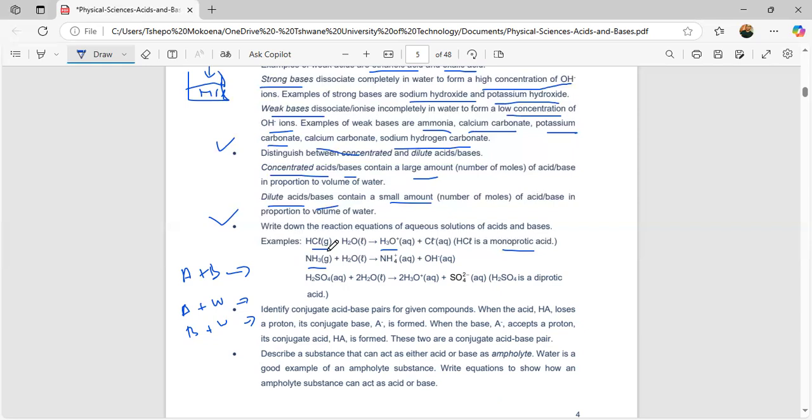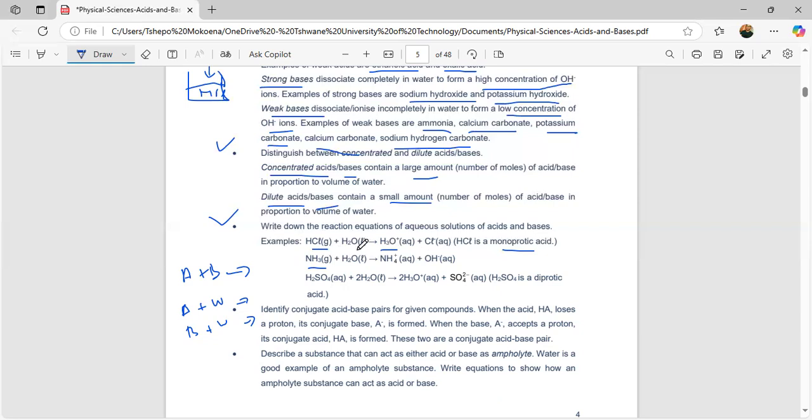Recall that according to Lowry-Brønsted theory, an acid is a proton donor. So in this case, our HCl is an acid. It will donate its proton. And in this case, water will be behaving as a base. When acid and water react, water will accept that proton, and we get these products that we see over here.